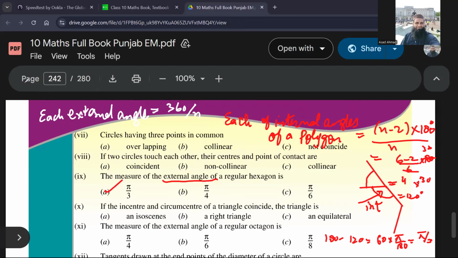What is meant by 360 over n? For example, 360 and there are 6 sides. If you divide this, then the answer will become 60 degrees. So either you can choose this method or the other method. Both ways you can go. 60 degrees, once it is changed into radians, will become pi by 3 radians, as I told you earlier.